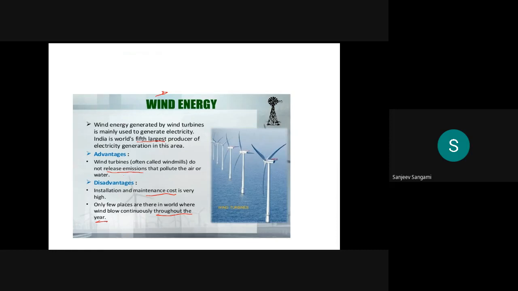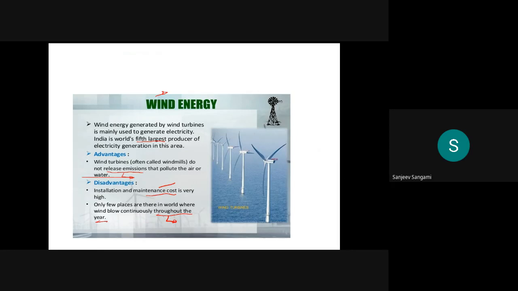This is the primary advantage that we always have to highlight. The disadvantages are: first, there is a maintenance cost, and second, it is not available throughout the year. That we have to consider.